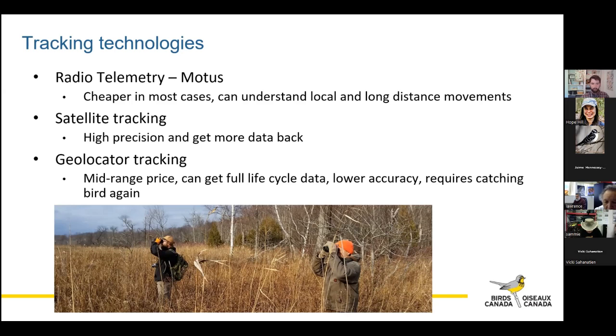It's more middle of the road price-wise. You can get really good full life cycle data because if it goes to the southern tip of South America in some really remote area, you can still be getting data. But it's lower accuracy, and you have to catch that bird again in order to take that tag off and find out where it went.